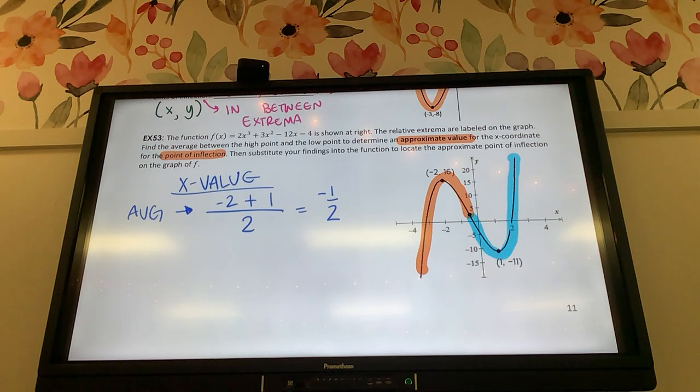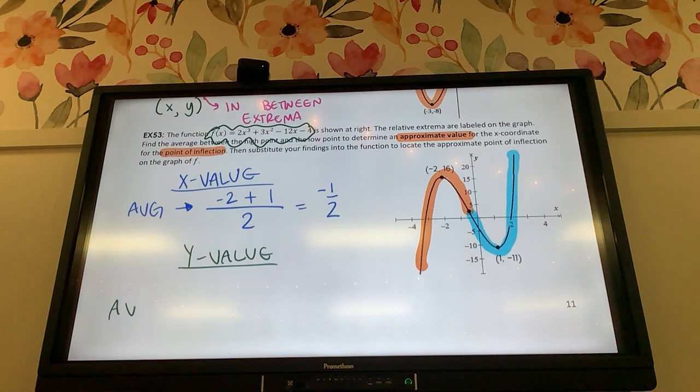Now you could take that x value and you can plug it into this guy if you want, but you also can just find the average of the y values because the point we're finding is an estimation. So we're not even finding the real thing. So I'm just finding an estimation. And I think it's easier to do average than to plug it into the formula.